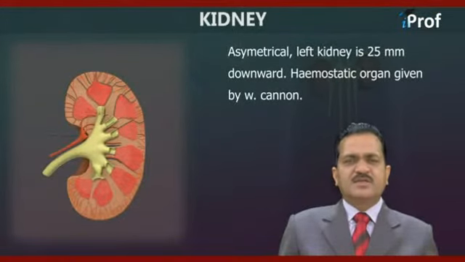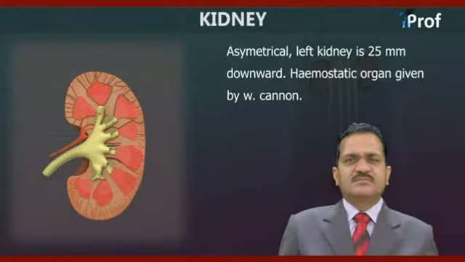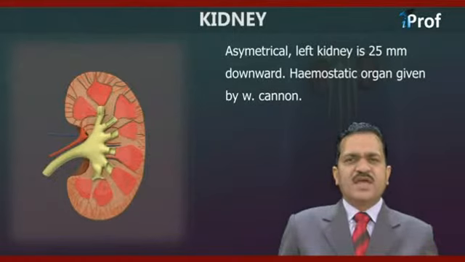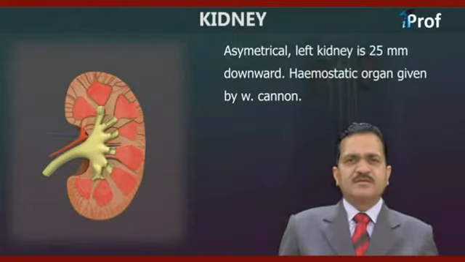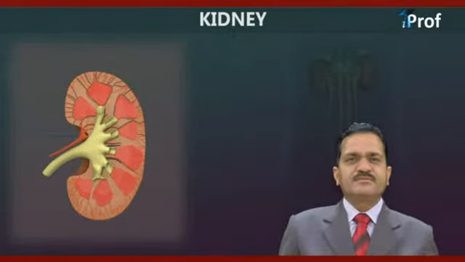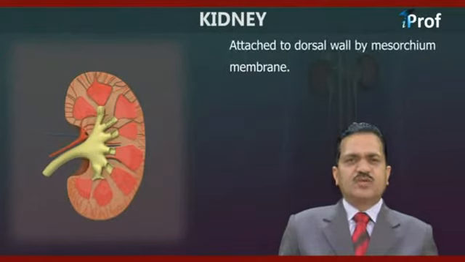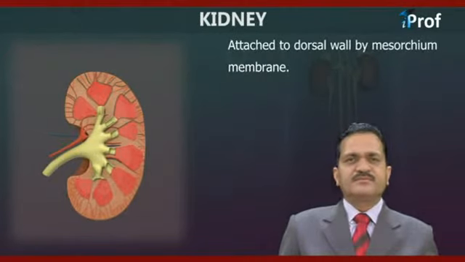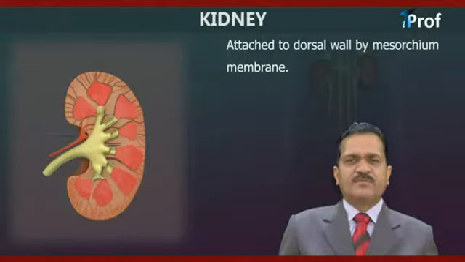Left kidney is 25 millimeter downward than right kidney. It is the homeostatic organ given by W. Cannon. Kidney is attached to dorsal wall by mesorchium membrane.